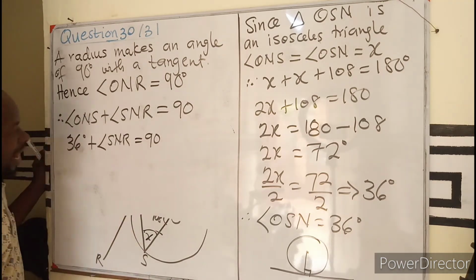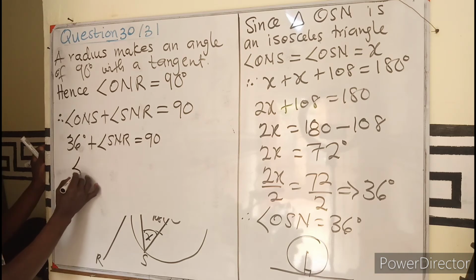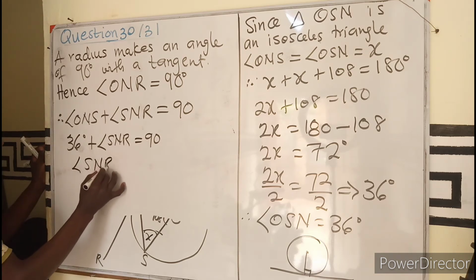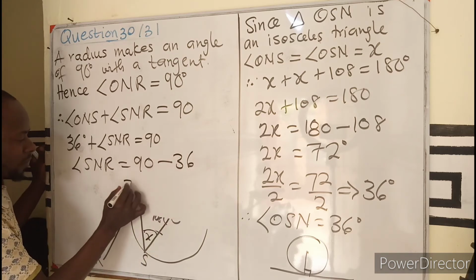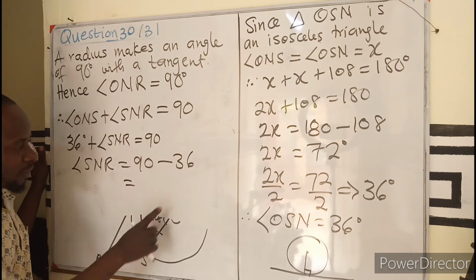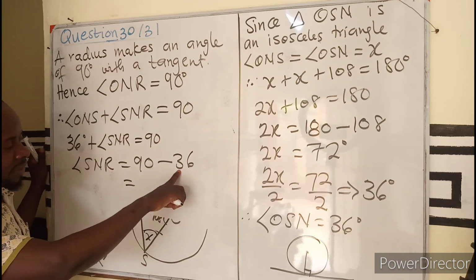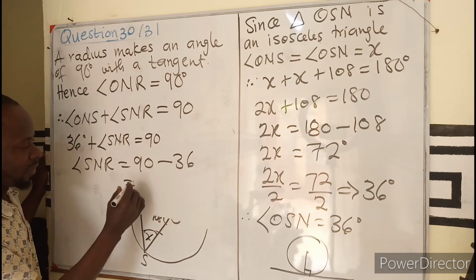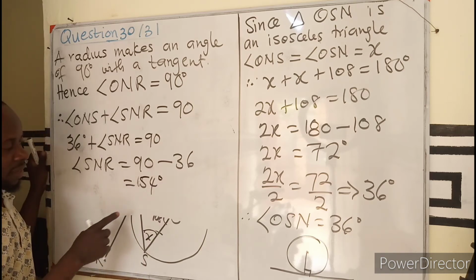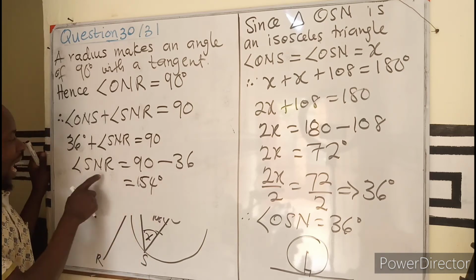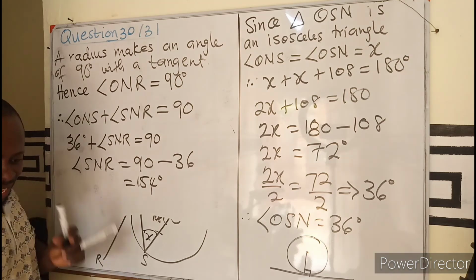So SNR equals 90 degrees minus 36, which is 54 degrees. So the angle we are asked to find at the corner there is 54.